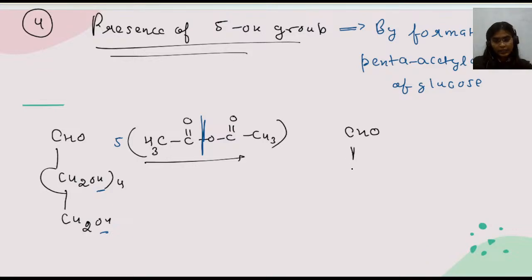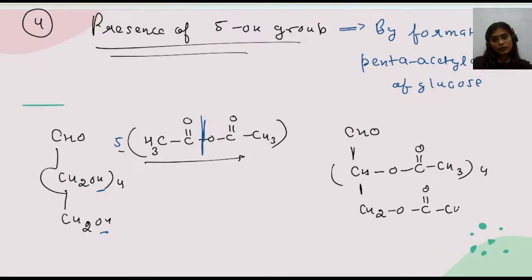And then the 4 CH parts become COCH3. We are using 5 times, so 4 times is already combined here, and this is the fifth time. This is how we prove the presence of a total of 5 oxygens there, and this is known as glucose pentaacetate. Acetate, ester formation is there.